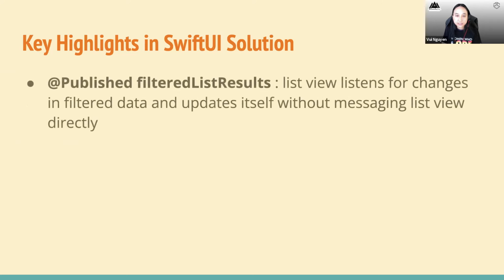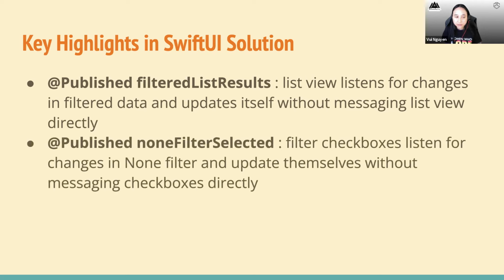Other key highlights, you notice that when the filtered list results got updated, the list view was listening for changes to that, and it was updating itself automatically. So there wasn't a class that was messaging the list view to update itself. You know, we weren't dealing with delegates or completion handlers to do this.